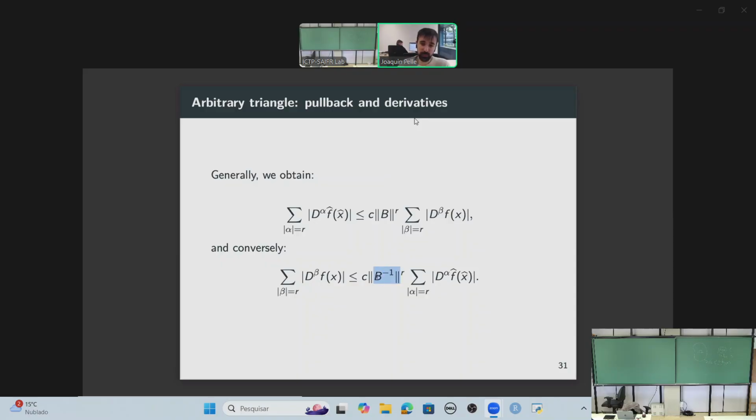So now what we want to do is to bound this norm of B in terms of the geometric properties of the triangle, right? Because this will lead us to know how the error bounds for the approximations depend on the properties of the triangle. Ultimately, they will come from here.